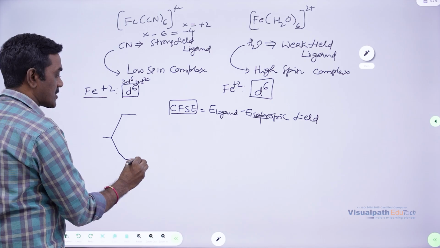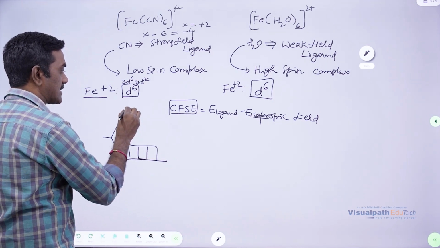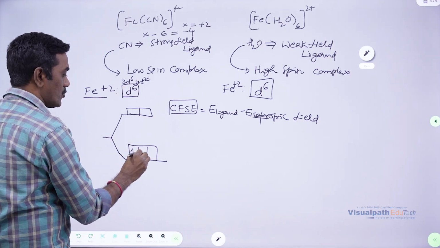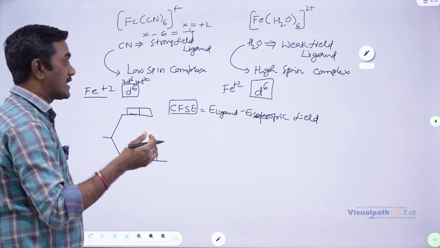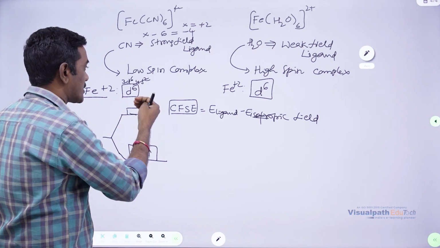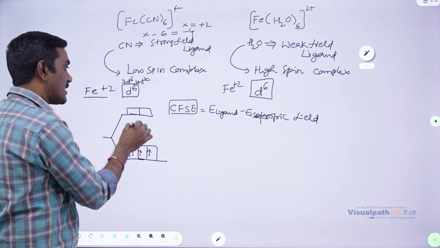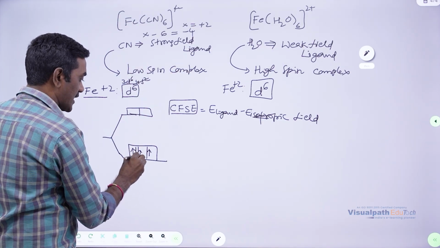First I have to fill 3 electrons: 1, 2, 3. The fourth electron is supposed to enter here or here, based on the low spin complex. It is going to enter here only.